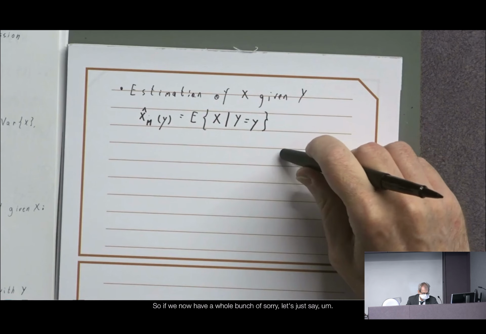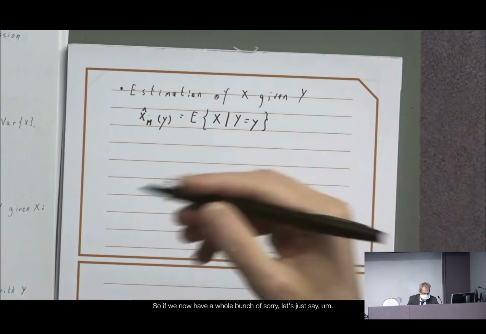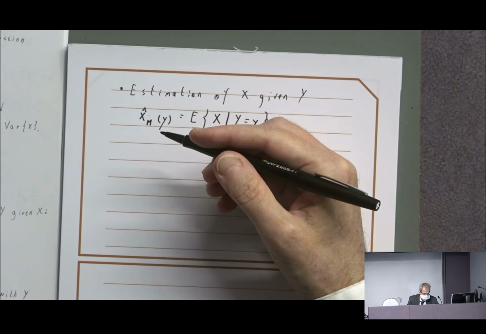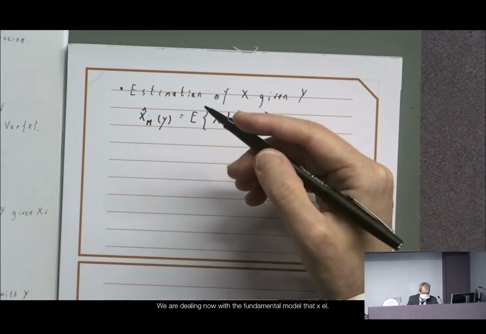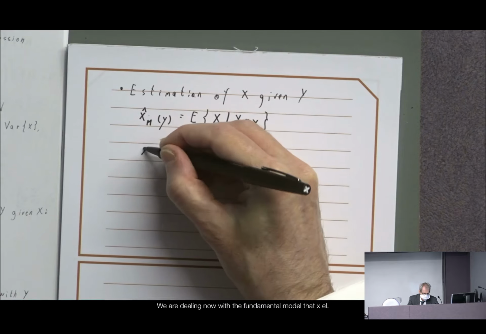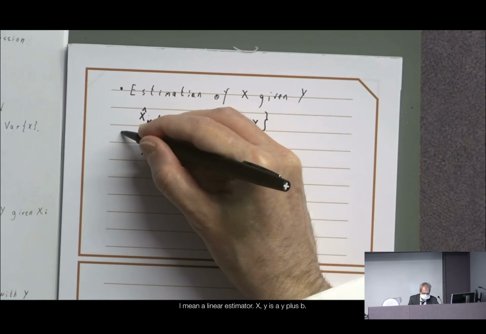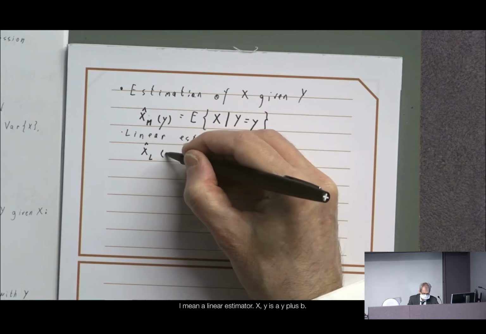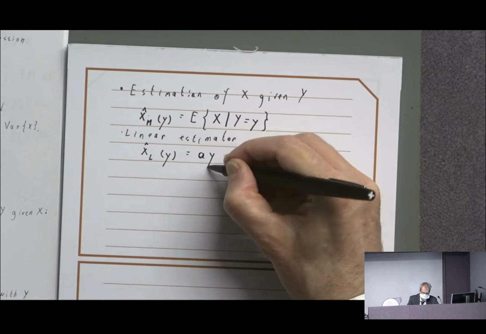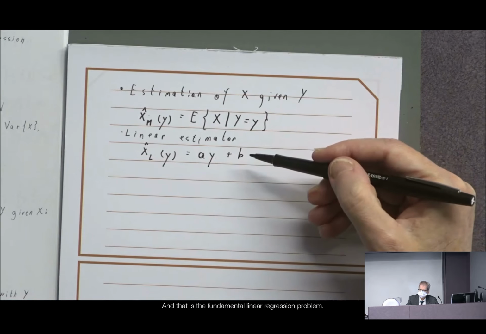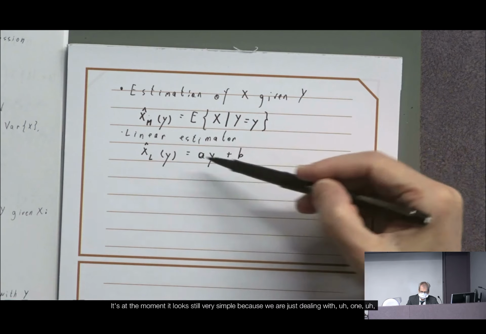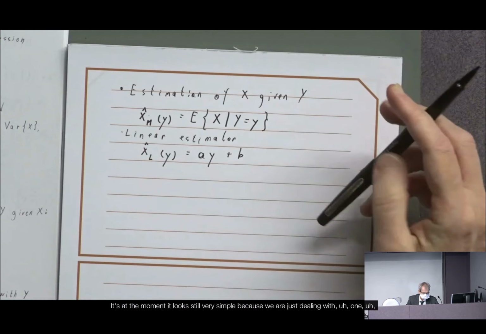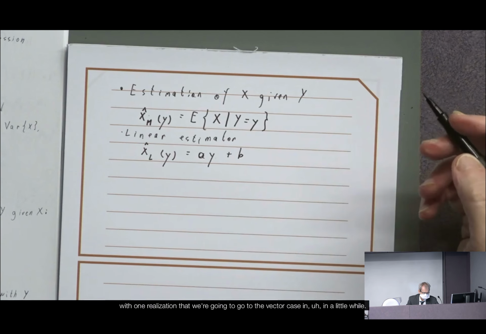So we are dealing now with the fundamental model that x hat L, meaning a linear estimator, x hat L of y is ay plus b. And that is the fundamental linear regression problem. At the moment, it still looks very simple because we are just dealing with one realization, and we're going to go to the vector case in a little while.